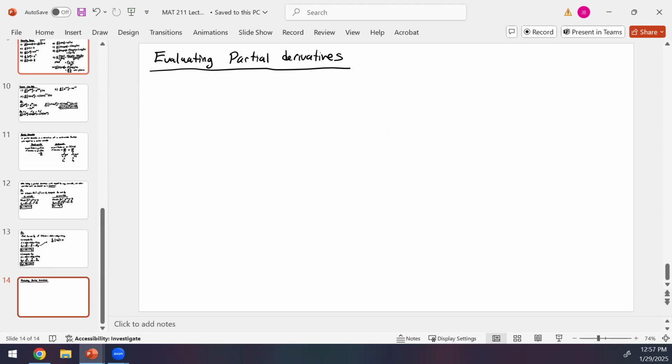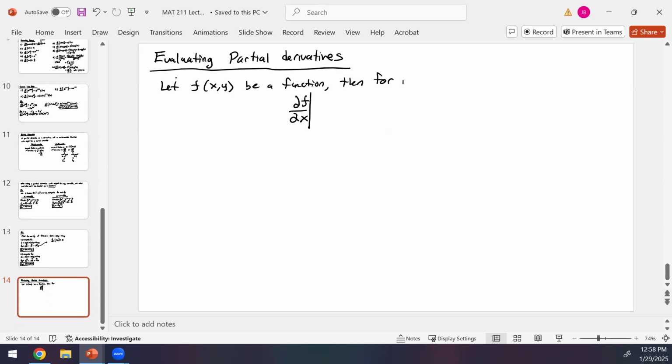So just to give you an idea, if I say let f of x comma y be a function, then the partial derivative of f with respect to x, right? So partial f over partial x. If I want to evaluate this at a number, you can do this several ways, but one of the most common ways is you put a vertical line like this.